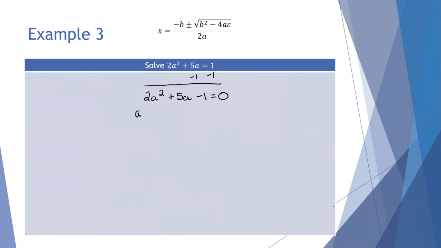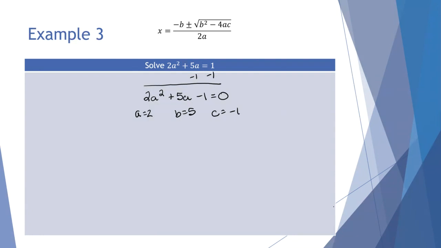So a, this is a different a, is 2, b is 5, c is negative 1. Just keep in mind this a is the coefficient a, not the variable. This is one reason why you have to be careful about variables when you're solving, because you don't want things to get confused.